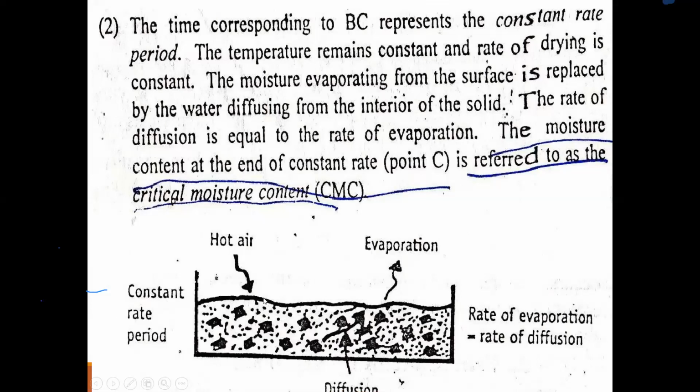Again we apply heat, the moisture evaporates, the temperature is constant, and the rate of drying is also constant. That is why it is called the constant rate period.